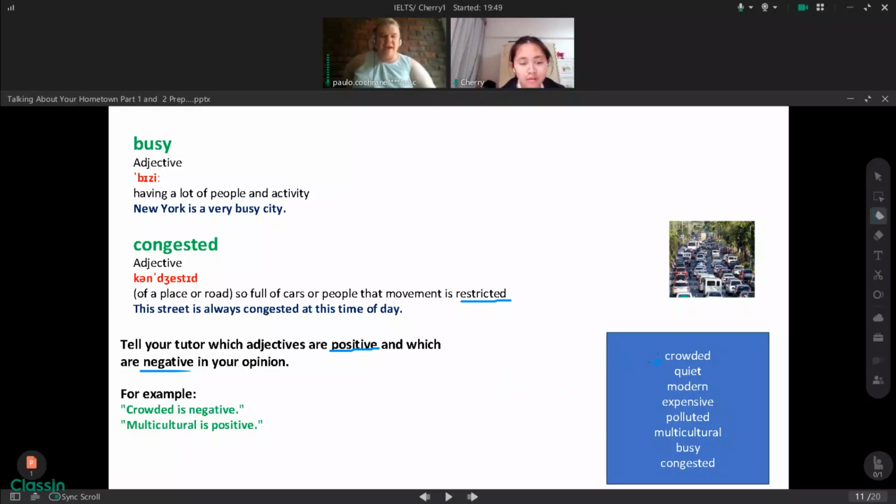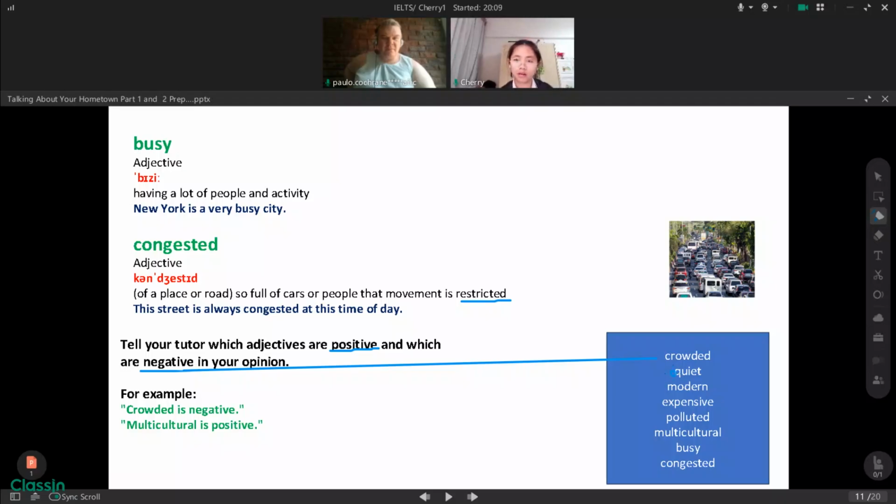Let's start with crowded. Crowded is negative, multicultural is positive. Okay, but read here from the square. Now, quiet, is it positive or negative?